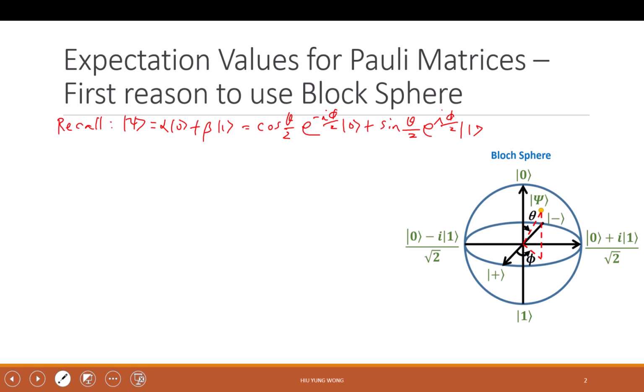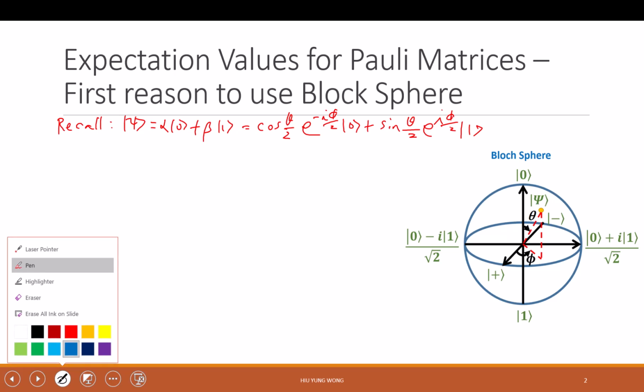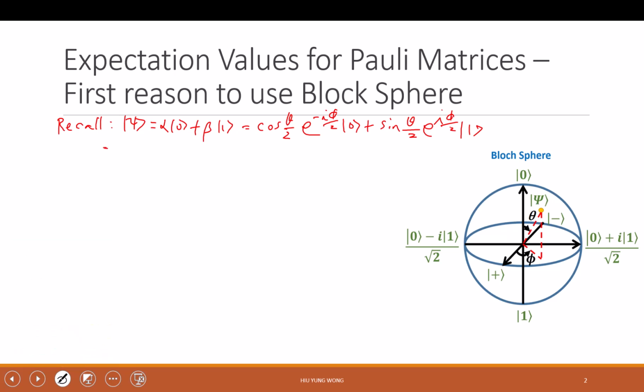Okay. Now I actually need to also point out that in some textbooks, let me continue to write in this way. I can also say this equals e to the power negative i phi divided by 2, cosine theta divided by 2, 0, plus sine theta divided by 2, e to the power i phi, 1.